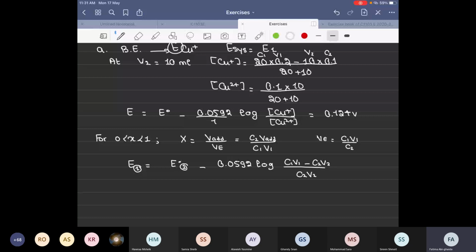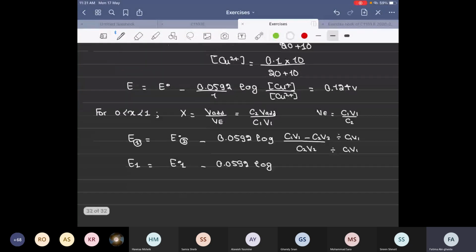V1 plus V2 will cancel من above و below. divide this كلياتها divided by C1 V1 يعني اقسموا هون على C1 V1 وهون على C1 V1. بصير في عندي انه ال E at 1 هي E01 minus 0.0592 log C1 V1 على C1 V1 هيدي 1 minus C2 V2 على C1 V1 this is X divided by X. تذكروا before equivalence.